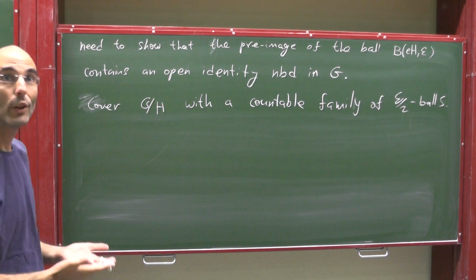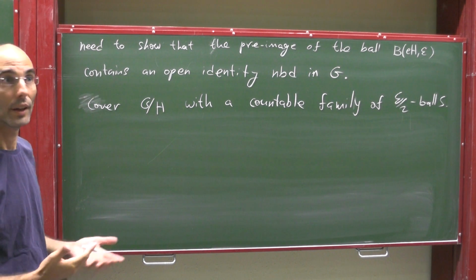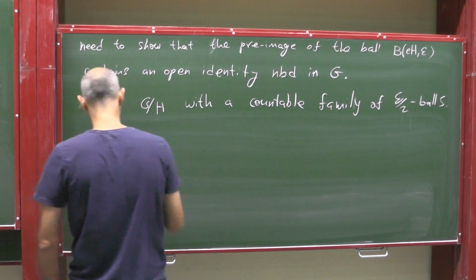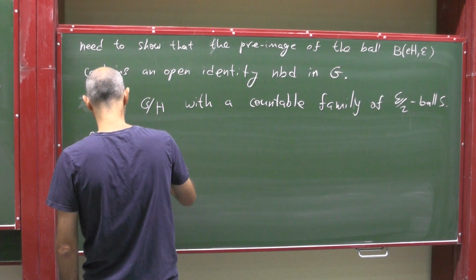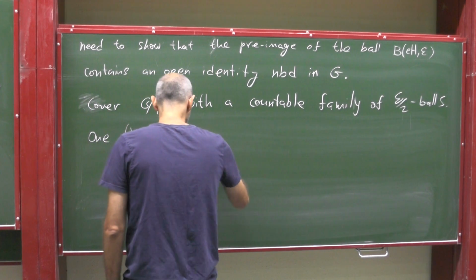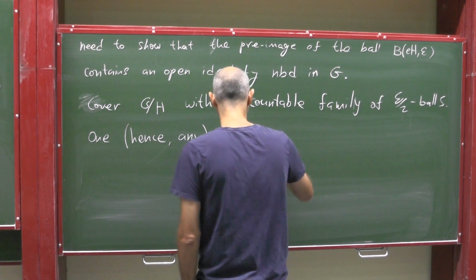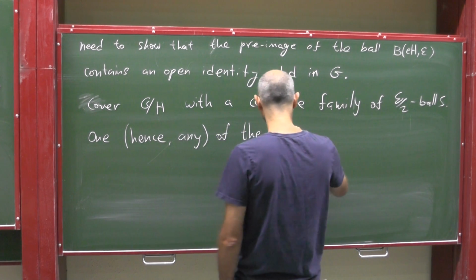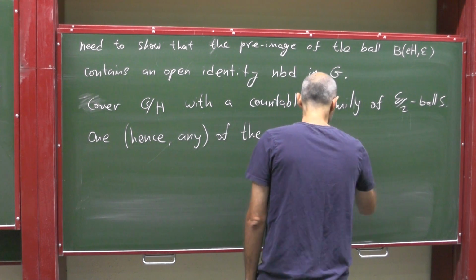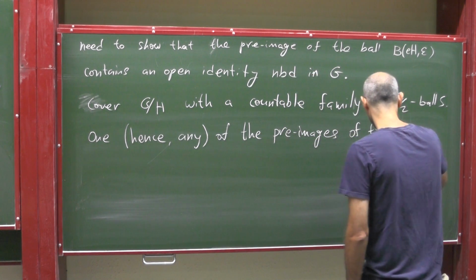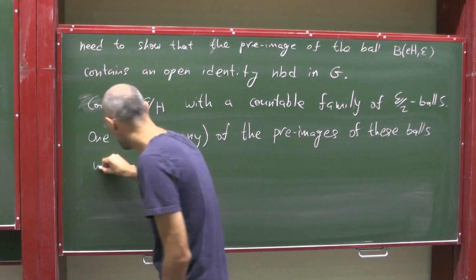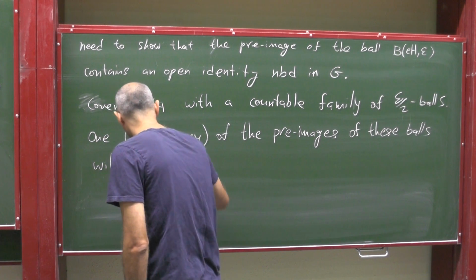And it is countable, so one of these balls has positive measure. Now think in G of the pre-images of these balls will have positive measure.